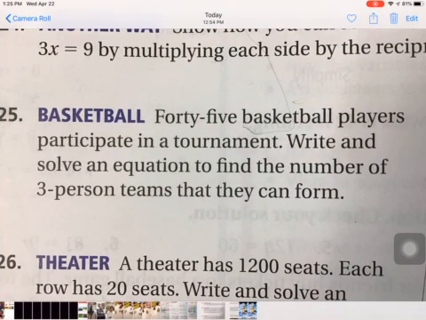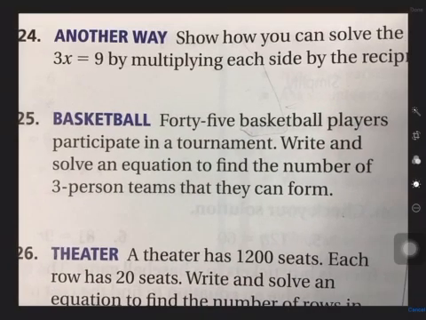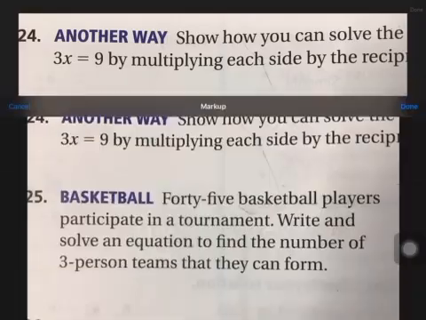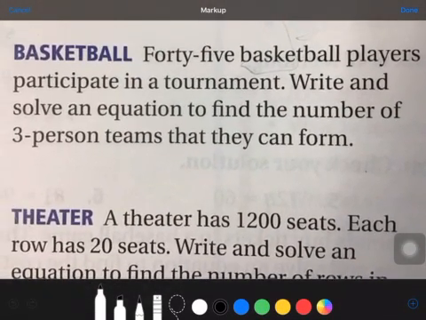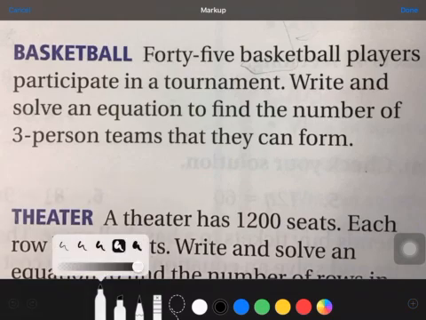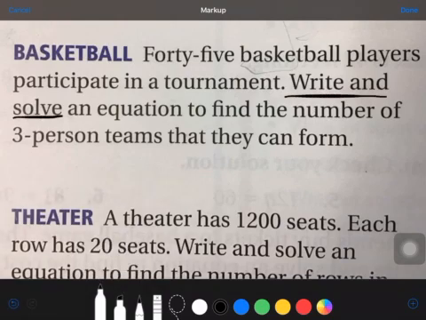Let's look at, all right, so let's look at some word problems. Let's see, 45 basketball players participate in a tournament. Write and solve an equation to find the number of 3-person teams they can form.